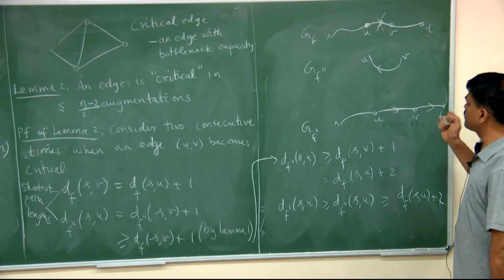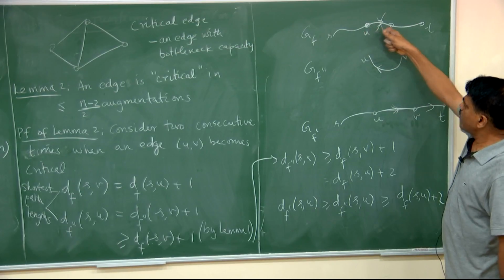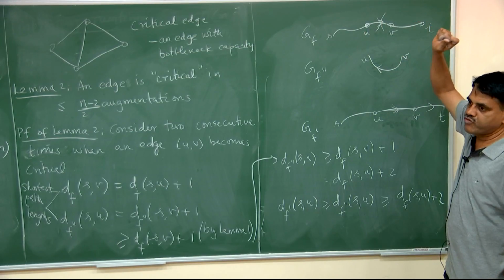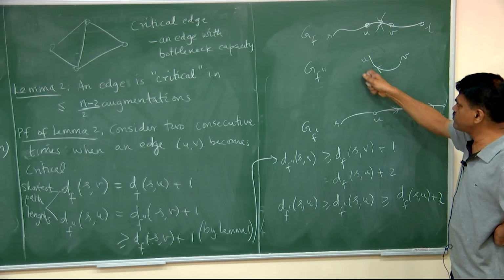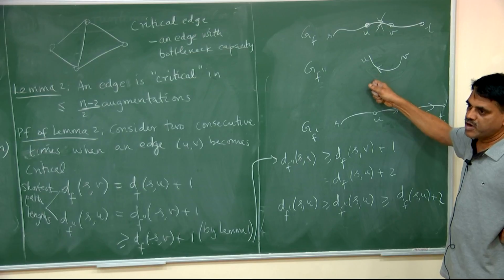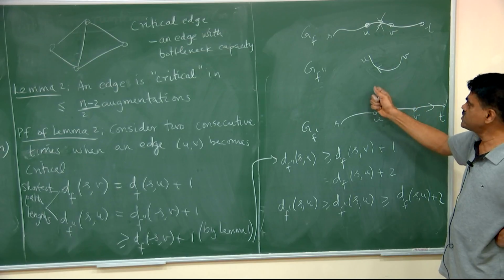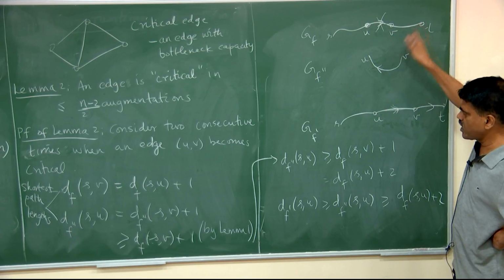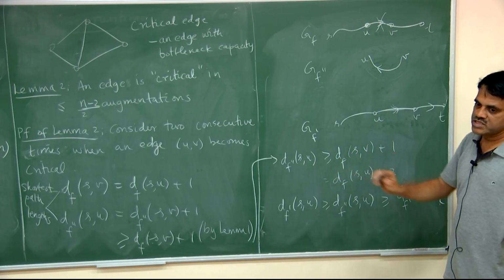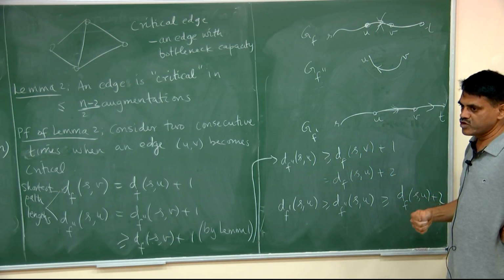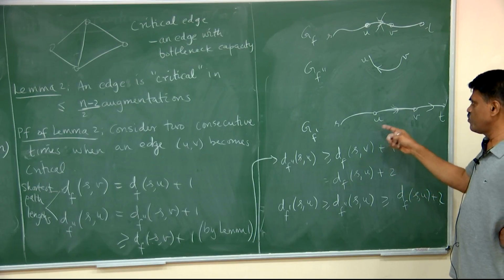The crucial thing is that when it's critical, it goes out of the residual network. So for it to come back, you should have sent some flow through this. But we are always augmenting through shortest paths, so we can argue that the length of the shortest path to U increases by at least 2 between every consecutive time the UV edge becomes critical.